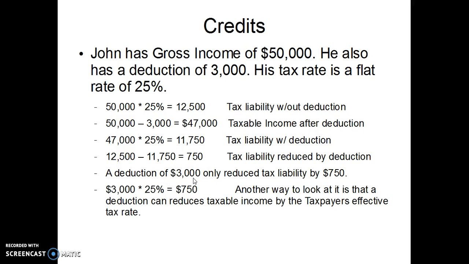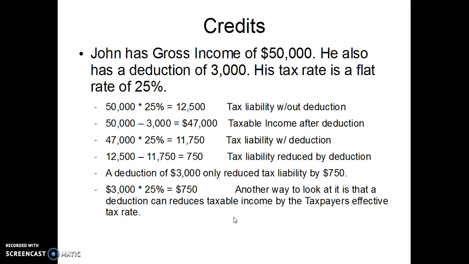So that $3,000 deduction will reduce the taxable income, which when multiplied by the tax rate comes out to a lower tax liability than what it would have been without the deduction. Another way you can look at it is the deduction multiplied by the effective tax rate is how much the taxpayer would save.